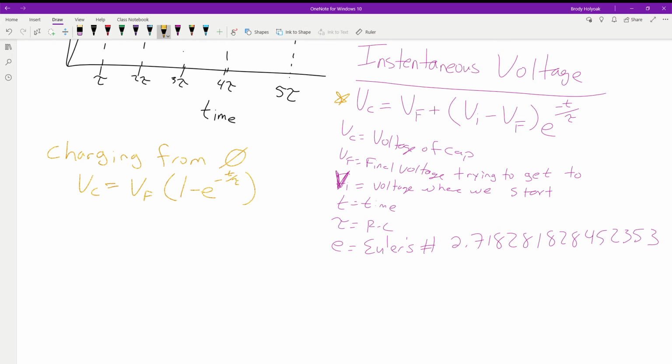So basically we're assuming there's nothing on it already. 1 minus e to the negative t over tau. So it simplifies it down a little bit.